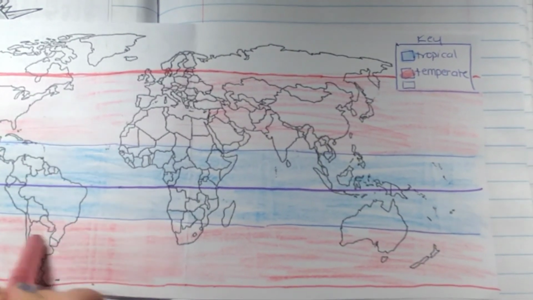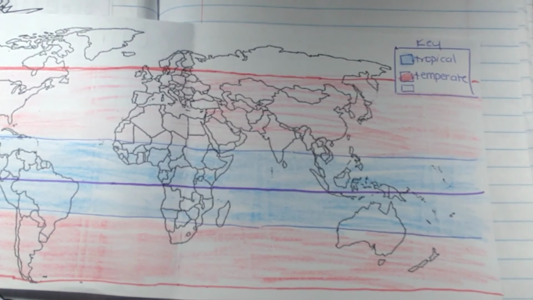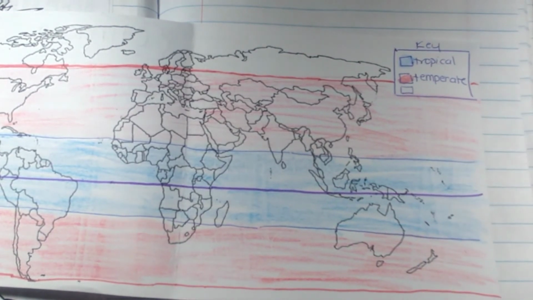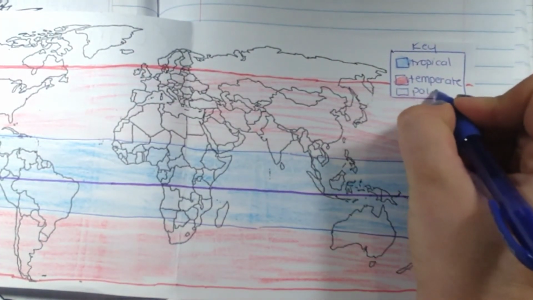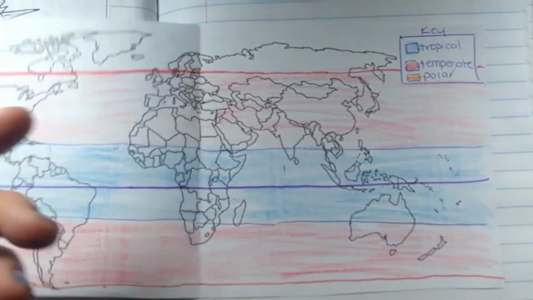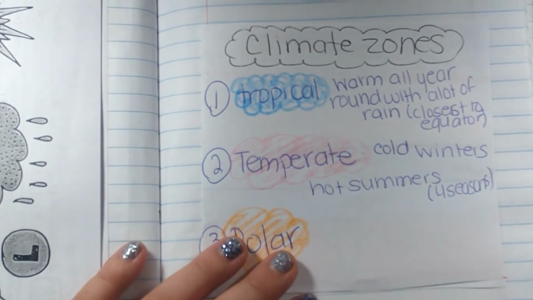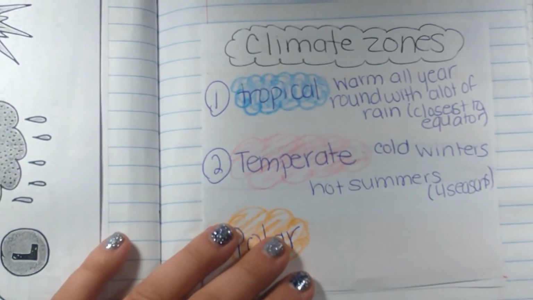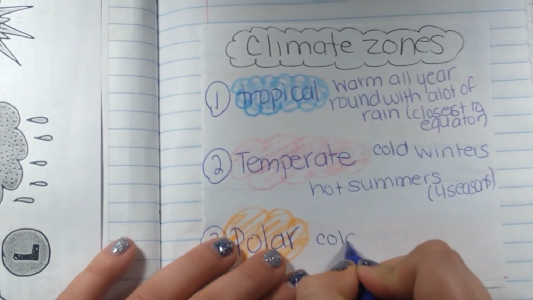Now the last region that we have is the polar region. And that is going to be orange. Now the polar region is very cold. It is cold all year. It is icy all year.